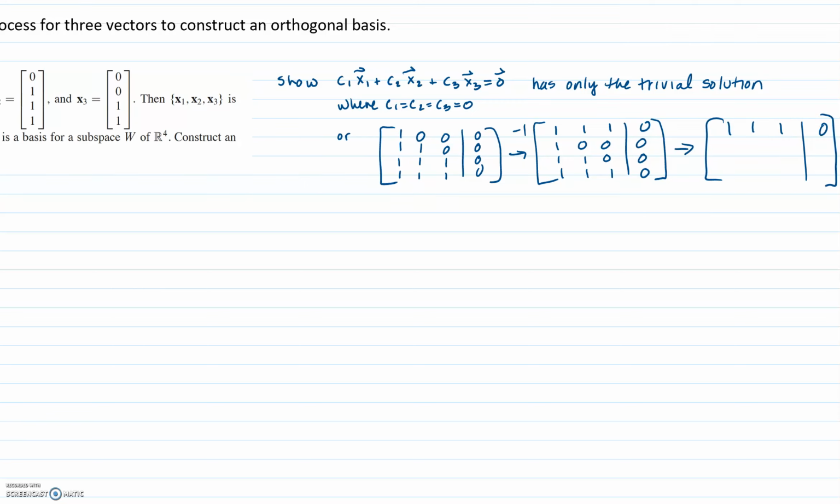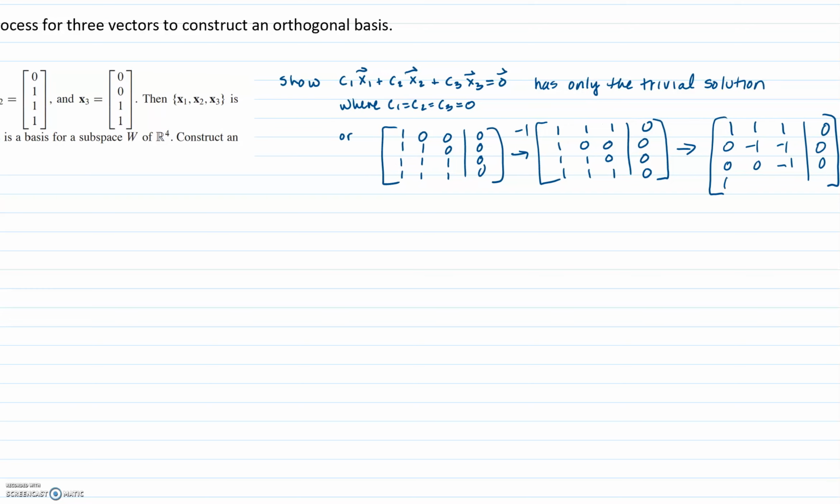Then I'm going to get all zeros underneath this first one here. Multiplying -1 times row 1, adding to row 2, we get 0, -1, -1, and 0. Take -1 times row 1, add it to row 3, you get 0, 0, -1, 0. Then take -1 times row 1, add it to row 4, and you get a row of zeros.